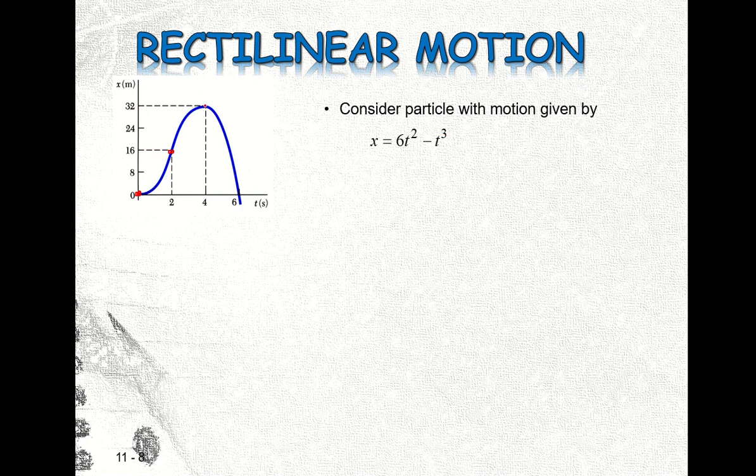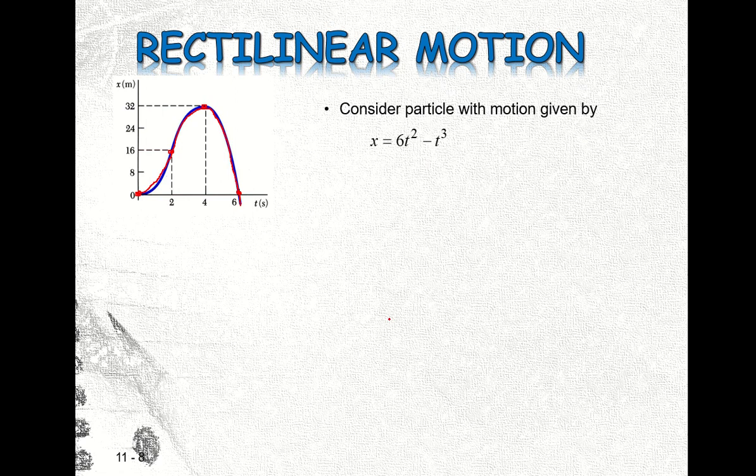Then when t equals 6, 6 squared is 36, 36 times 6, then minus 6 cubed, and you subtract, so you get 0. When you connect the points, you have this graph of the function of the particle motion.